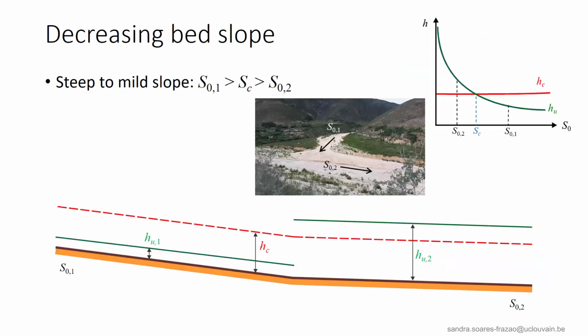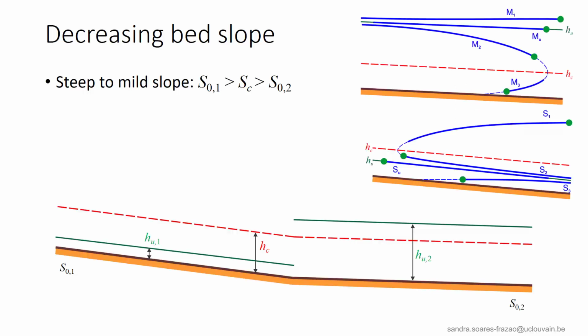A more complex situation arises when we have a transition from a steep slope S01 to a mild slope S02. This can happen, for example, when a steep mountain stream flows into a larger river in the main valley.